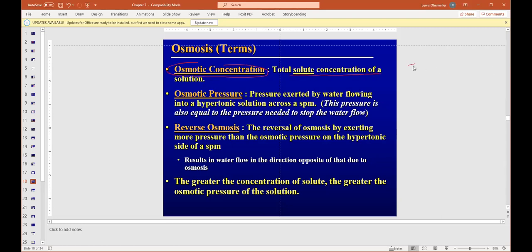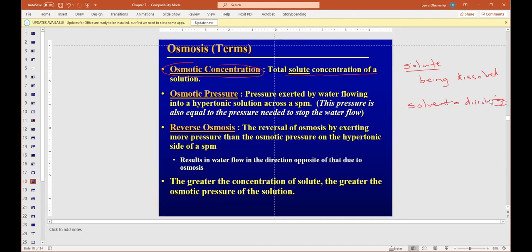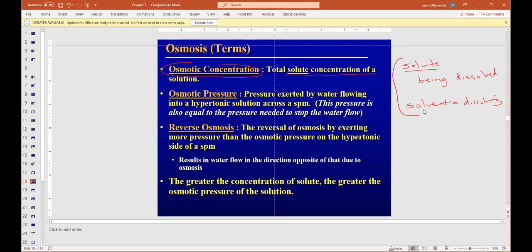Remember, we learned solute is the material being dissolved. The solvent is the material that's dissolving. And then the solution is the two together.